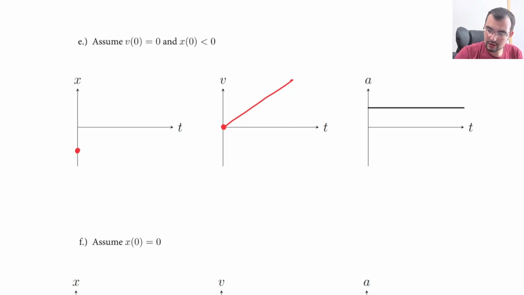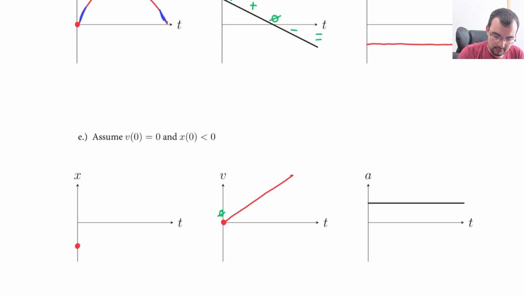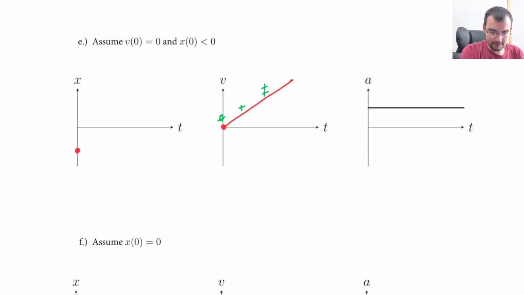And that tells us that our slope should be 0, positive, bigger positive. So I should start flat, and then I should get steeper and steeper and steeper. We can check that works, right? Flat, steeper, and steeper.